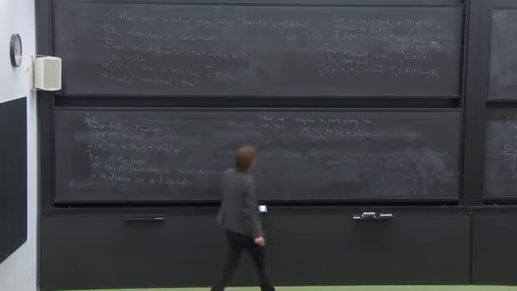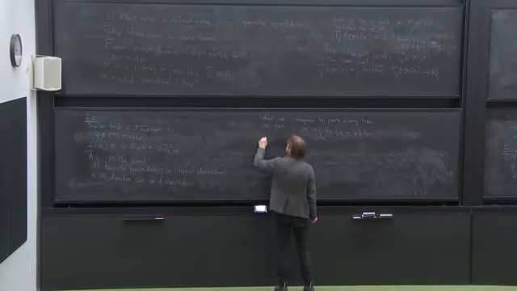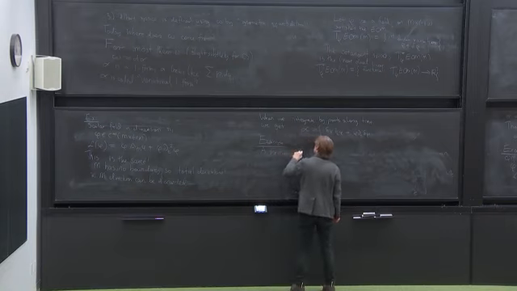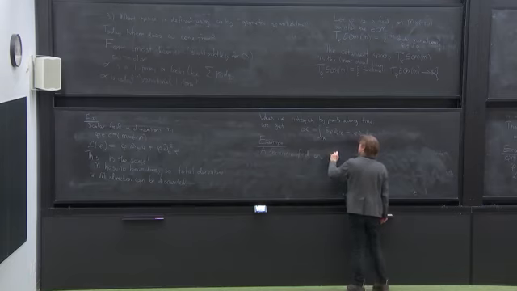Okay, so let's do one more example. You have a fermionic field on M times an interval.